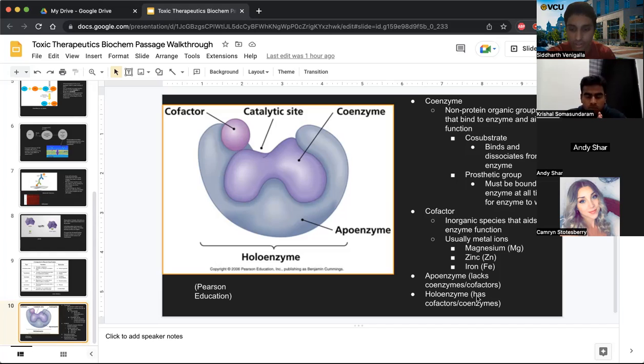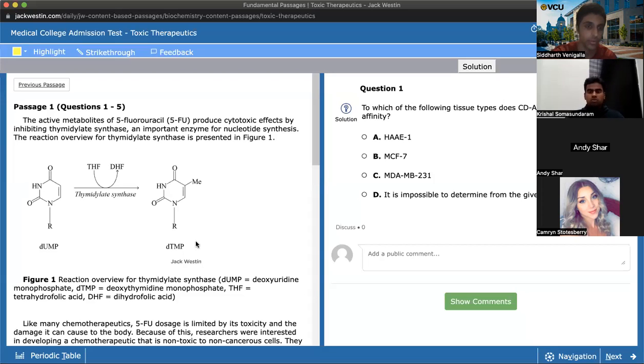So let's go to the questions. Okay. Let's look at what we have here. First paragraph, we talked about 5-FU, right? It says 5-FU produces its toxic effects.